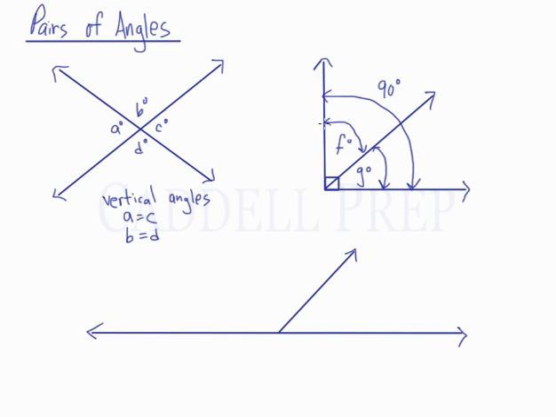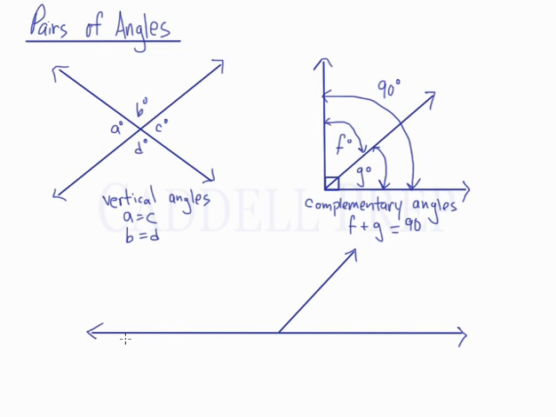So that means that this angle F plus this angle G must add up to 90 degrees. These are known as complementary angles. So F plus G equals 90.